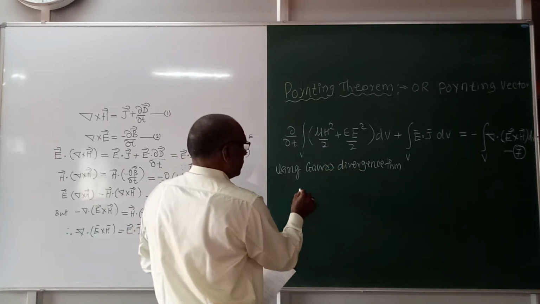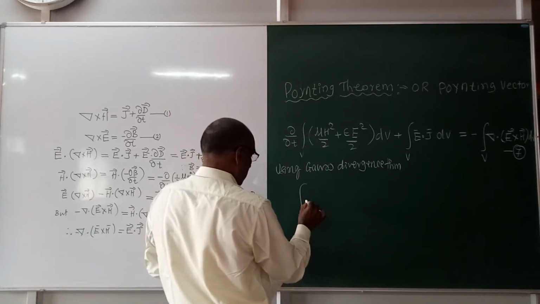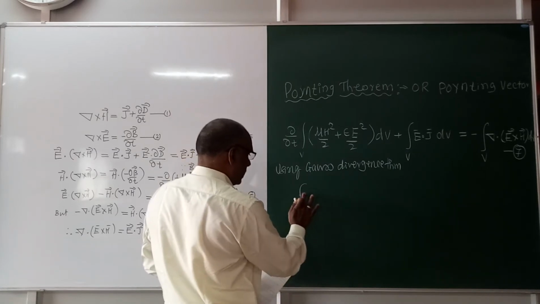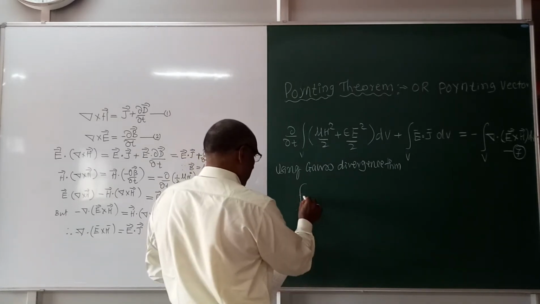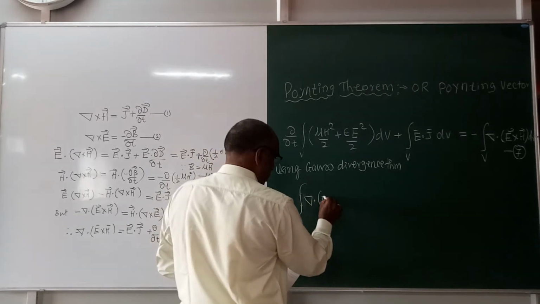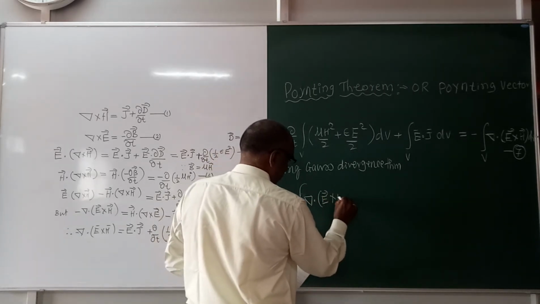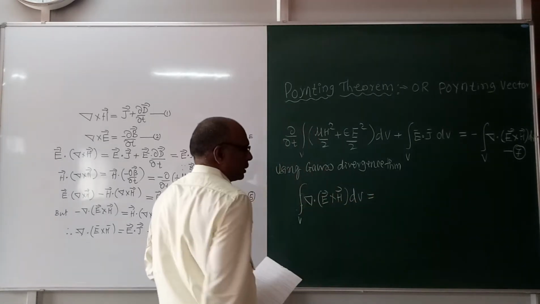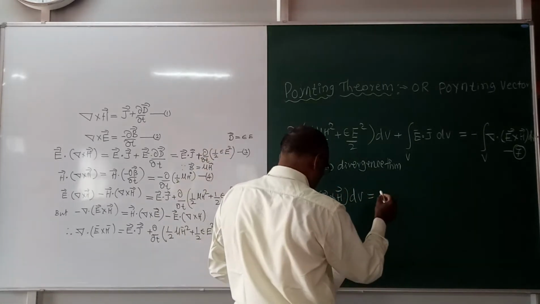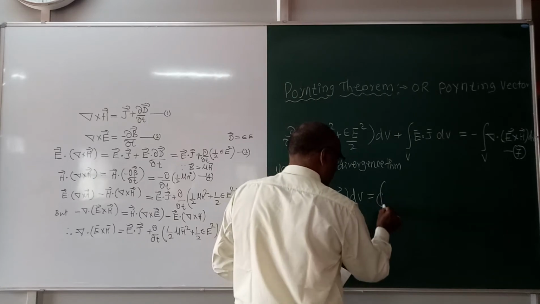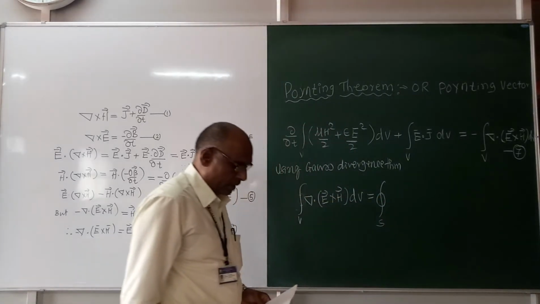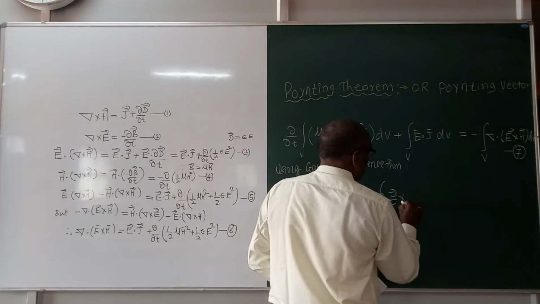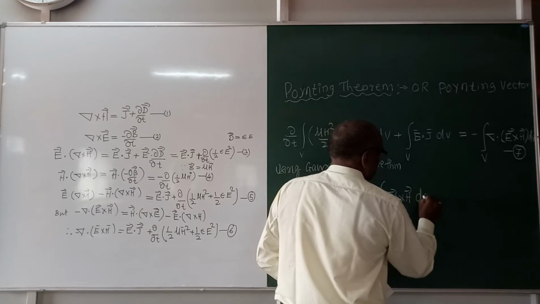The volume integral of del dot E cross H dV is, by definition or using this theorem, converted into a closed surface integral of E cross H dS.